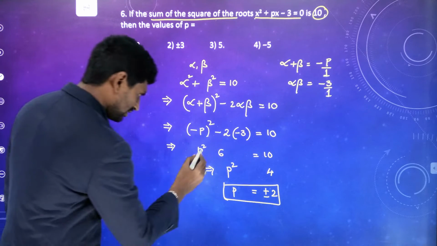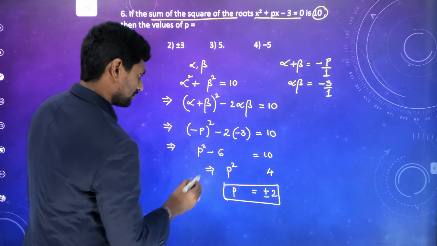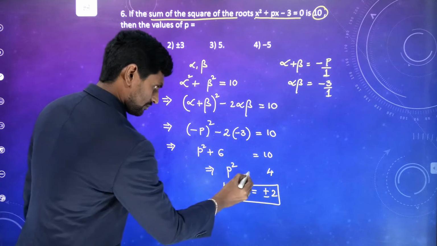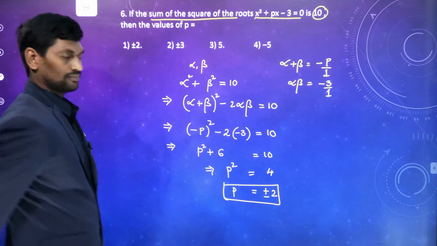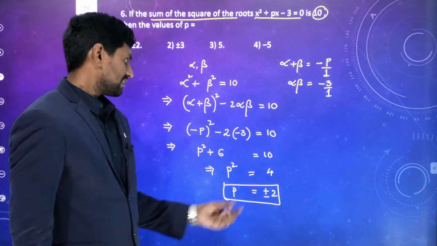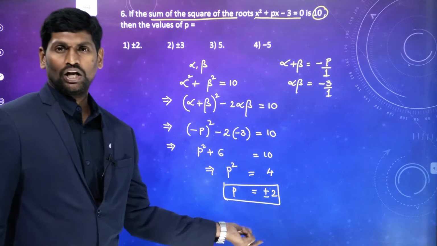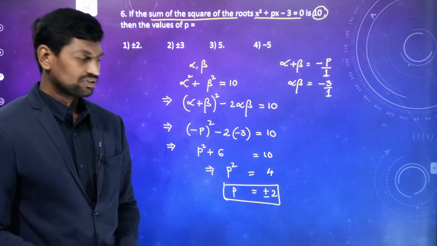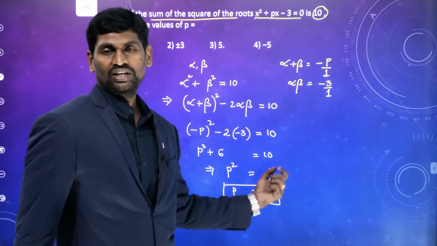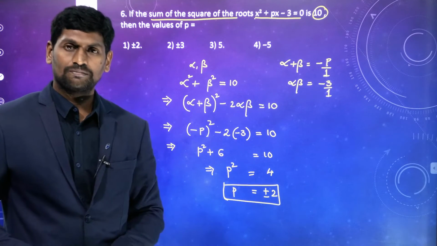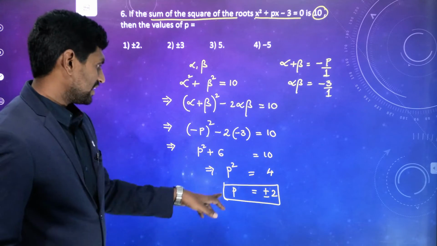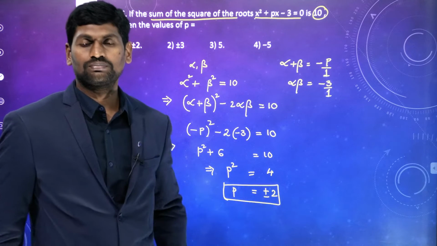Please note it down, children. Because if you square negative 2 it also gives positive 4, and if you square positive 2 it also gives positive 4. So that's why you are getting the p value as plus or minus 2.